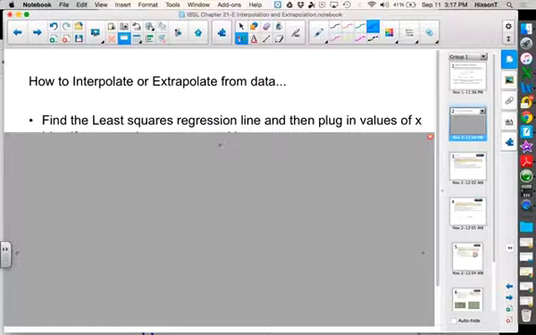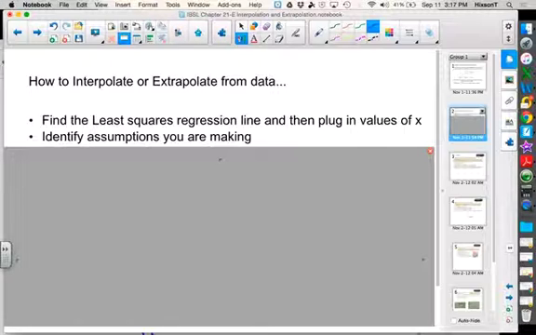Technically speaking, we should not plug in values for y and try to interpret what the x would be. Okay? Technically that's not an appropriate use of the model. Right? So we're only plugging in values of x and predicting what y, or what that dependent variable, would be. Okay?